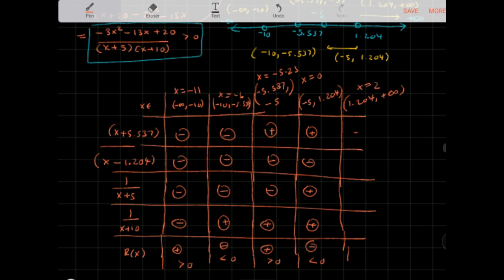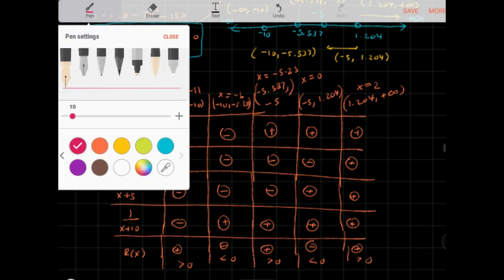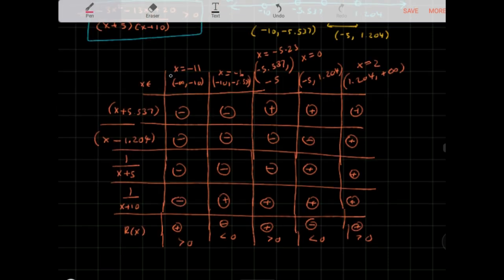And then here x is equal to 2, so let's say it's positive. You can pick any number within that interval. This is positive, positive, positive, and then this is positive. So the intervals in question that are going to give us our answers are a positive interval, positive interval, positive interval.